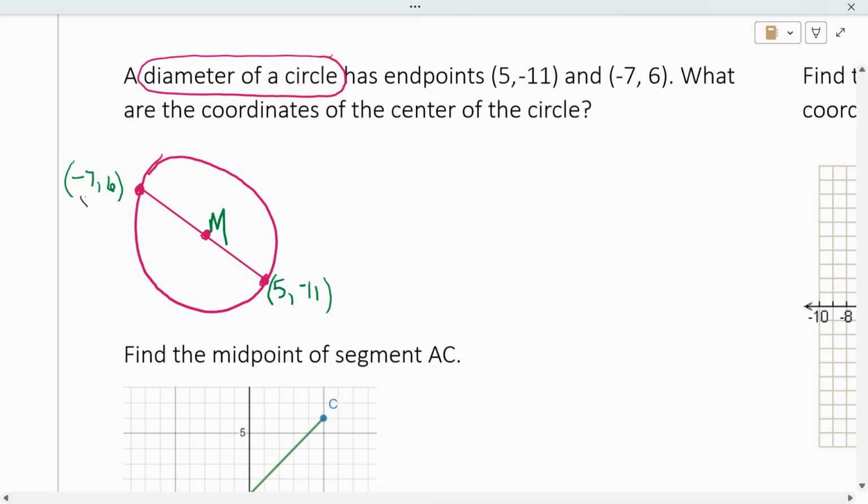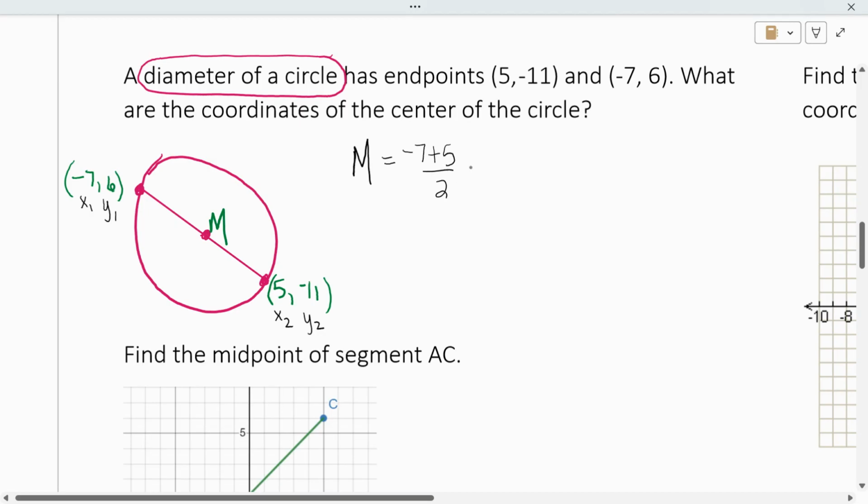So I'm going to go ahead and label these x1, y1, x2, y2. So to find the midpoint, which is the center of the circle, I have to take -7 plus 5 divided by 2, comma, 6 plus -11 divided by 2. And I want to remind myself that it's an ordered pair, so I always put it in a parenthesis.